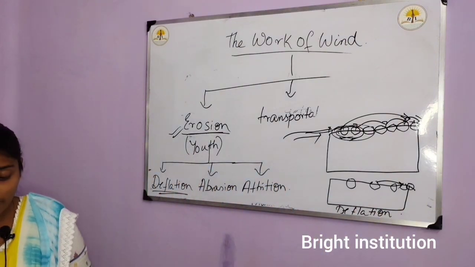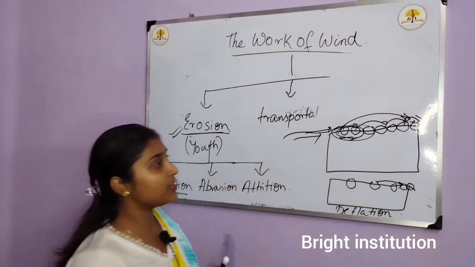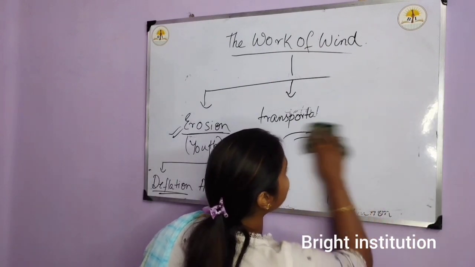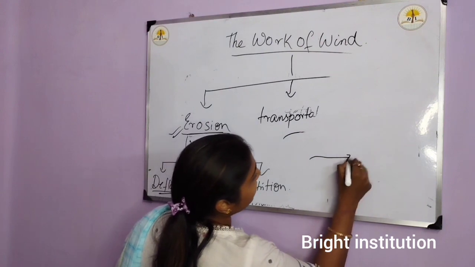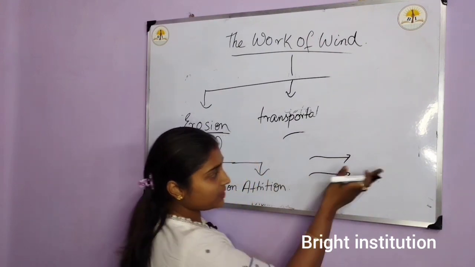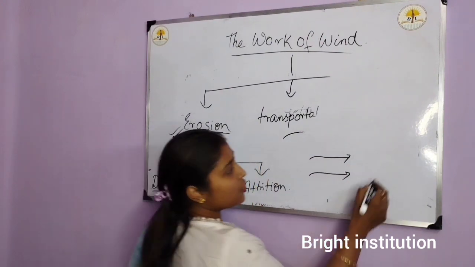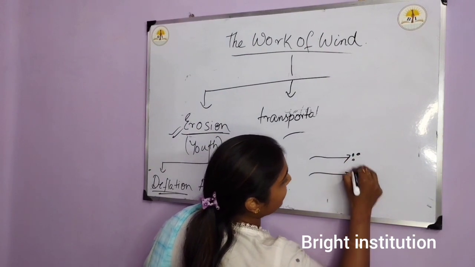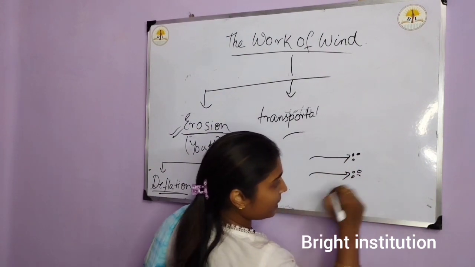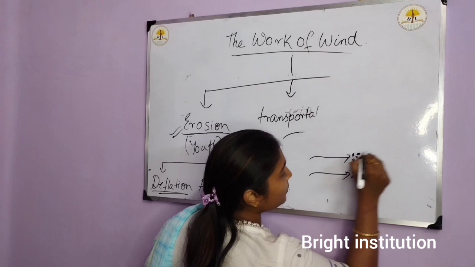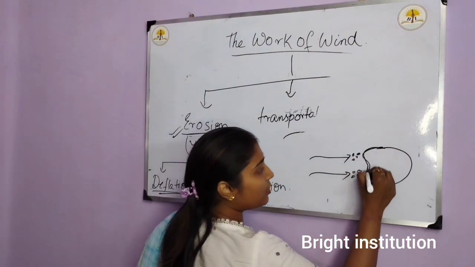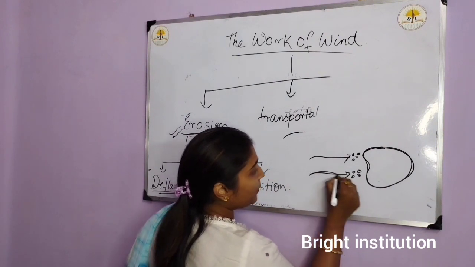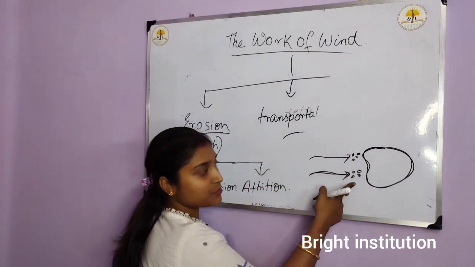First one. Next I will discuss the abrasion. What does the word abrasion mean? Abrasion means when the wind moves in this direction, and I am giving the arrow in the same direction, the wind is carrying some sand along with itself.